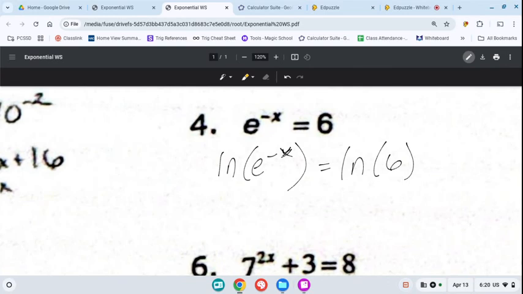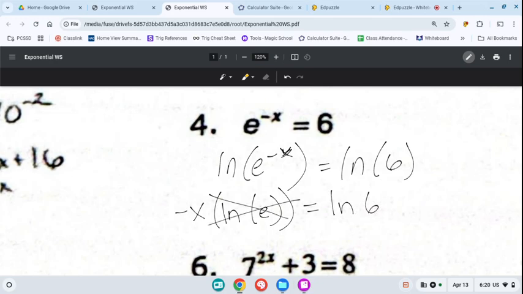So now the power rule tells me that my exponent is now multiplied by the natural logarithm of my base. Well, the natural log of e is 1. So now I have negative x equals the natural log of 6.